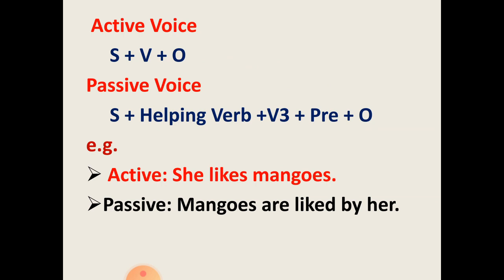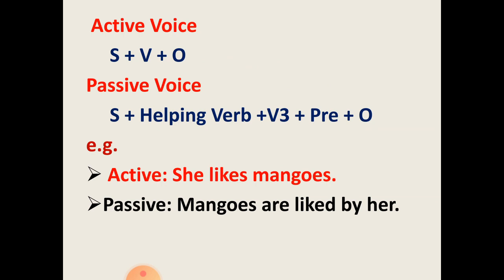Okay, so let's see the example. The example is: she likes mangoes. Here she is the subject, likes is the verb, and mangoes is the object. When we make its passive voice, the object mangoes will become the subject.